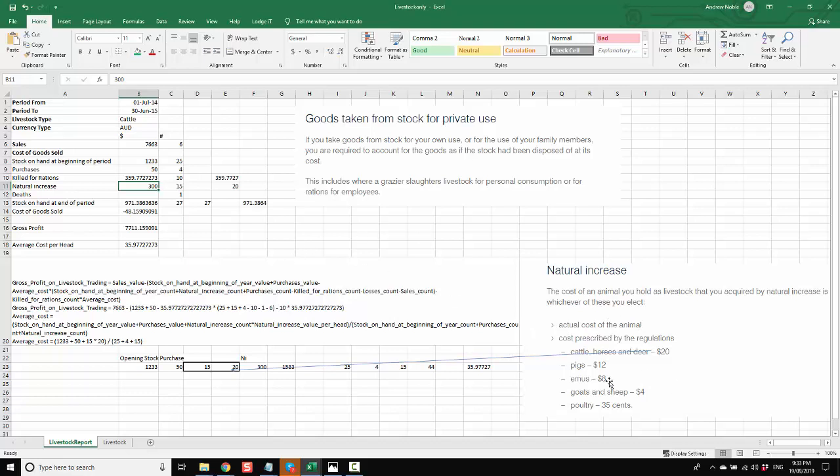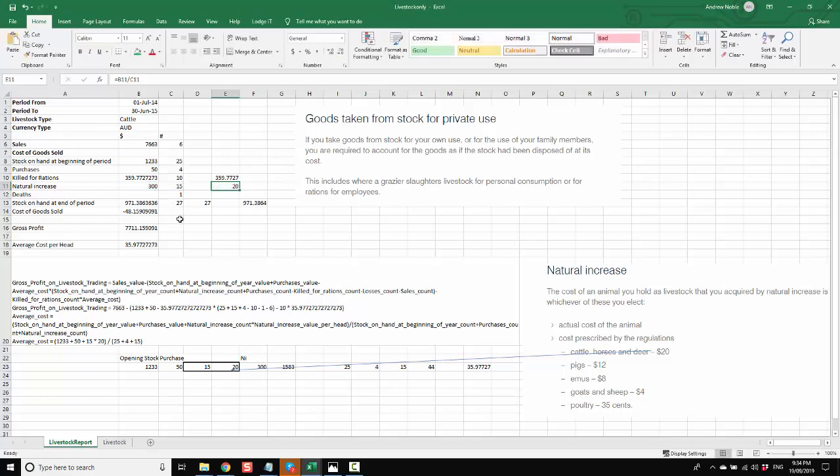So in this case we're using the cost prescribed by the regulations, and here we've got cattle, so we've got $20 per cow, and if we go 15 cows were born times 20, we get our 300. Or another way of looking at that is dividing our 300 by 15.